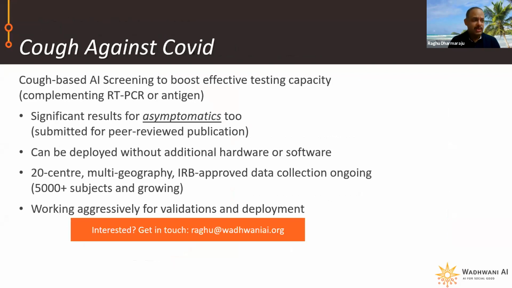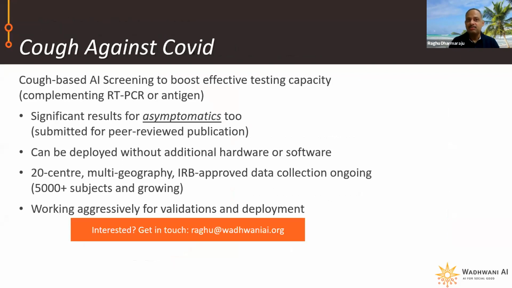I'll also quickly touch on our COVID work. This is kind of fresh off the press sort of update here. We have been very involved in a 20-center multi-geography IRB approved data collection effort. We got started in several states in India.